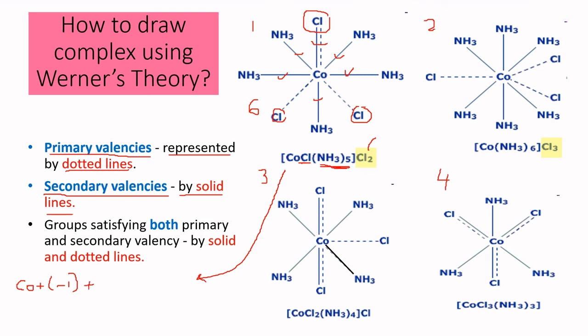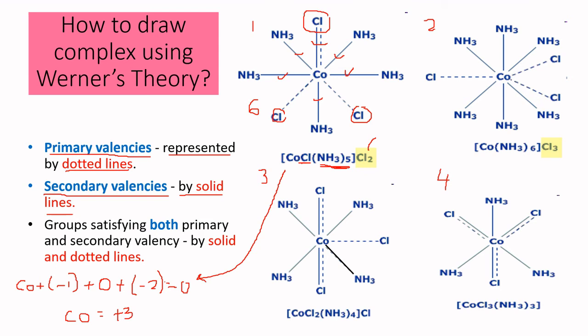Ammonia is 0 because ammonia is neutral. And then we have chlorine outside, so plus -2. So the whole complex equals 0. In this case, we get cobalt equals +3. So now cobalt has +3 oxidation state.